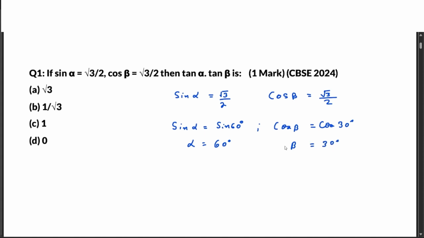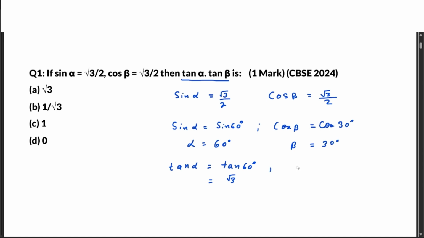Okay, so now you got the alpha value and beta value. Now you have to substitute them into tan alpha and tan beta. So tan alpha is equal to tan 60 degree, which is equal to root 3.